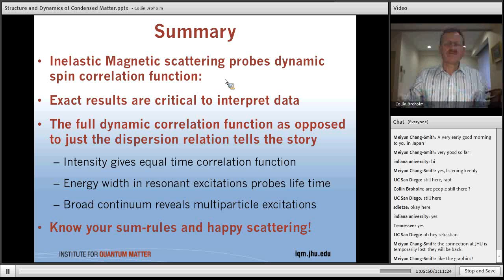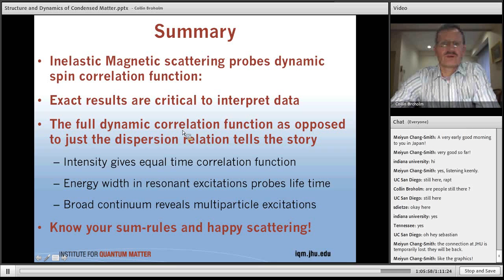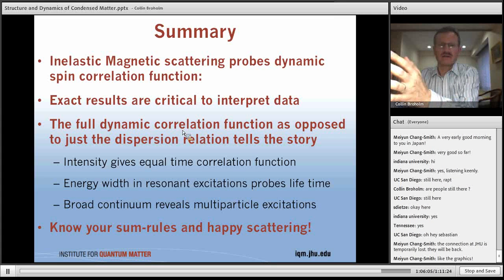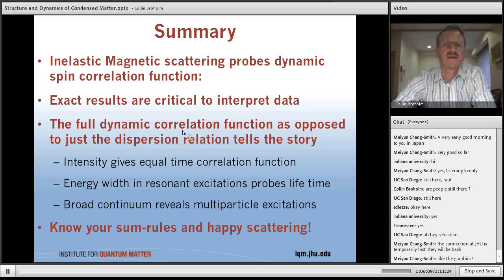Even a very complicated system will have to satisfy these types of rules, and so it's important to keep those in mind as we walk through these experiments which are complicated and think about magnetic systems which are complicated. Then it's very helpful to have those exact mathematical results to work from.